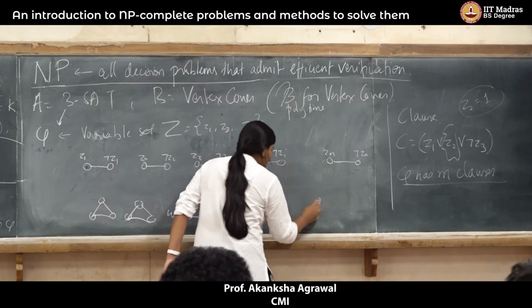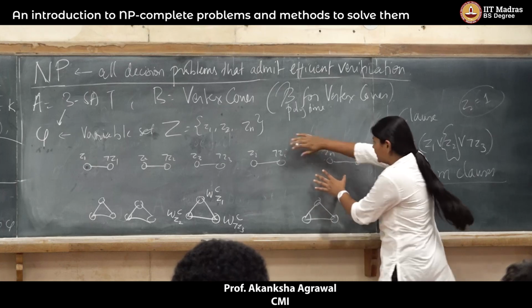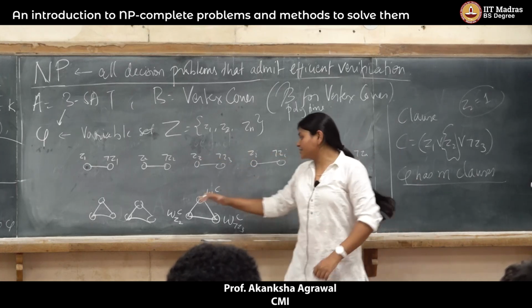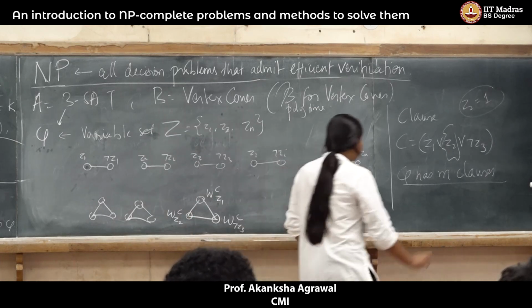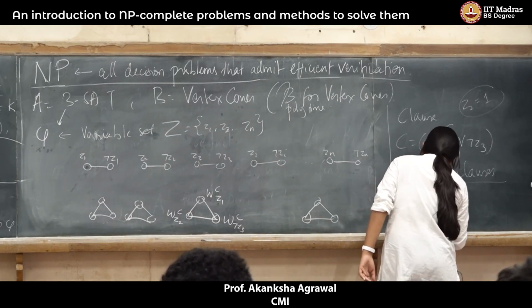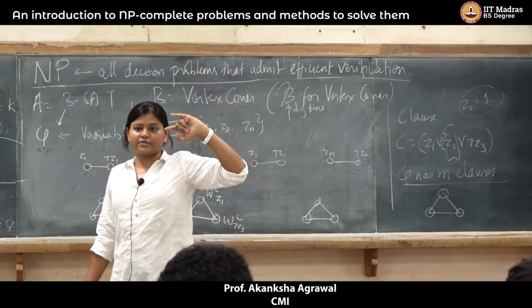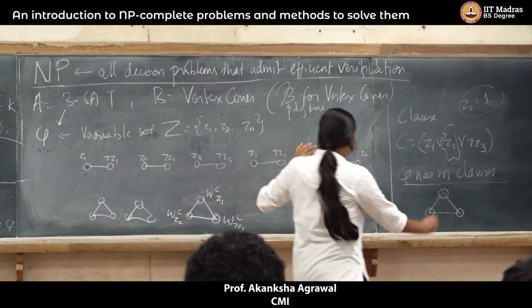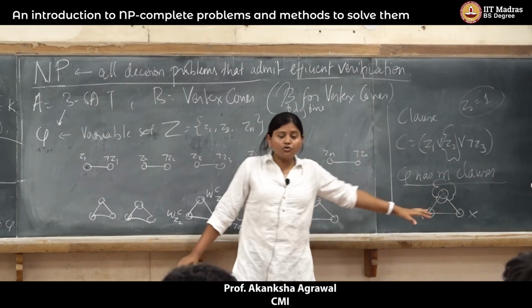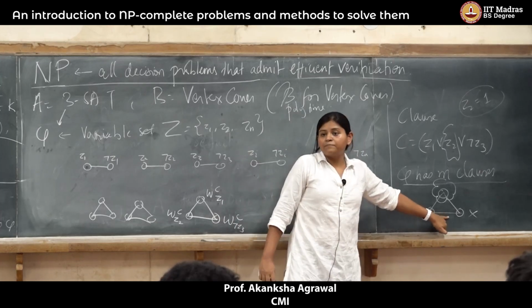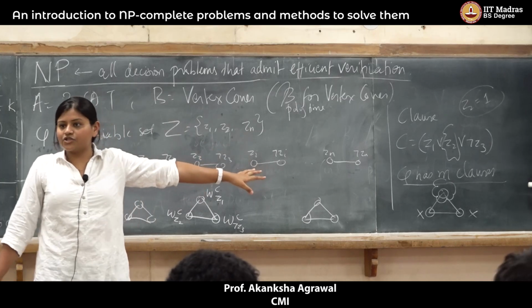Now let me explain the connection. How do these variable vertices versus the clause vertices interact? Note that if you have a triangle in the graph, any vertex cover must choose at least 2 of the vertices, because if I choose only one and do not choose the other 2, then the edge between those two will not be covered. So any vertex cover must necessarily choose at least 2 vertices from a triangle.